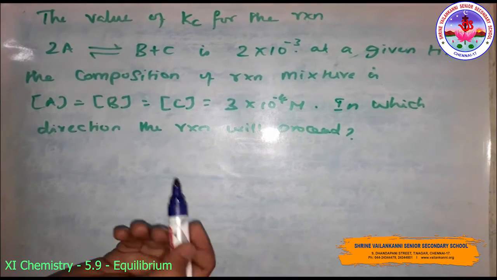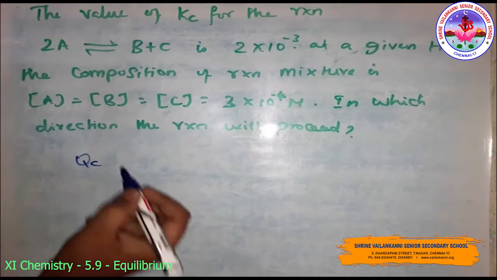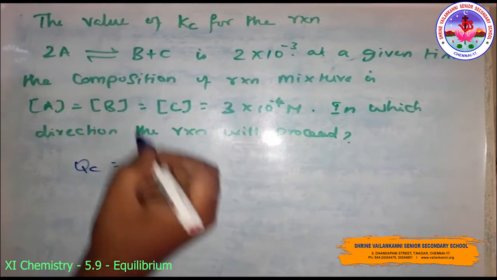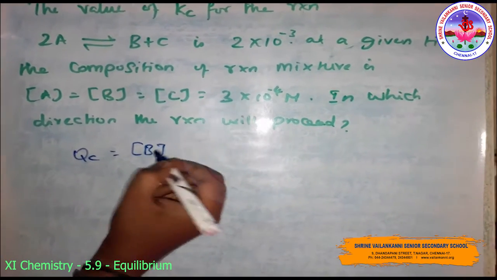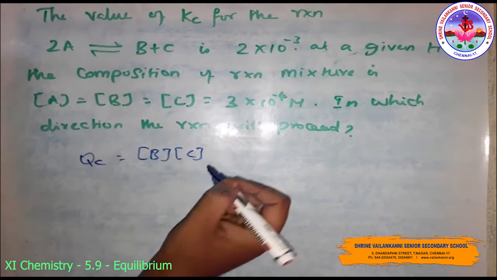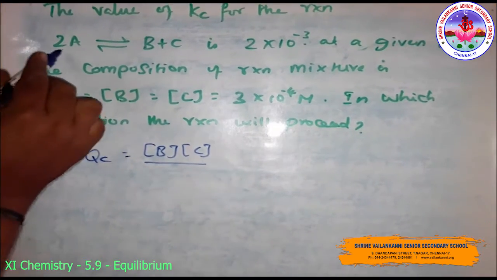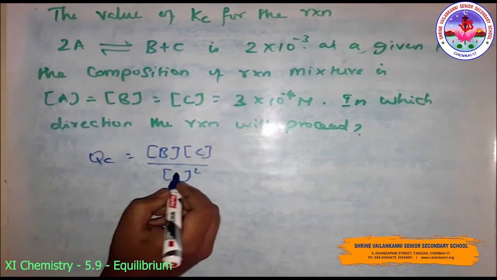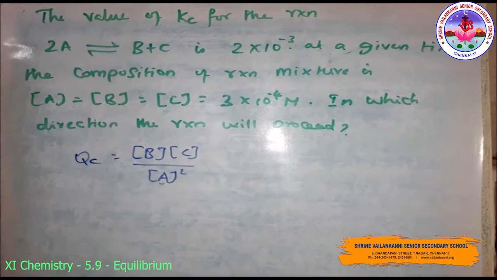So the reaction quotient Qc is equal to the concentration of products divided by reactants: concentration of B into concentration of C divided by the concentration of A squared.